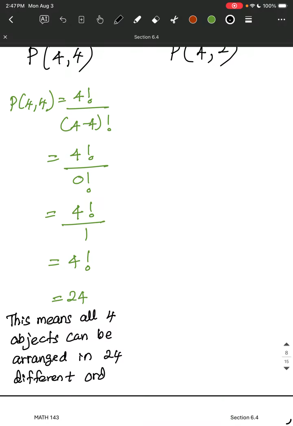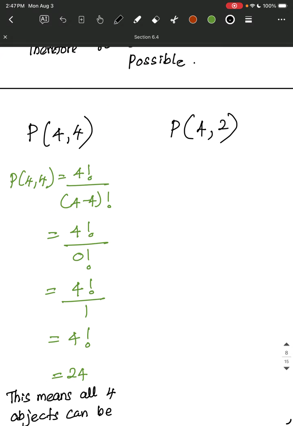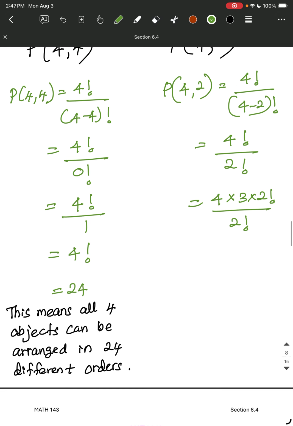Okay, then let's move forward. P(4, 2) is 4 factorial over 4 minus 2 factorial, which is 4 factorial over 2 factorial, 4 times 3 times 2 factorial over 2 factorial, which is 12.